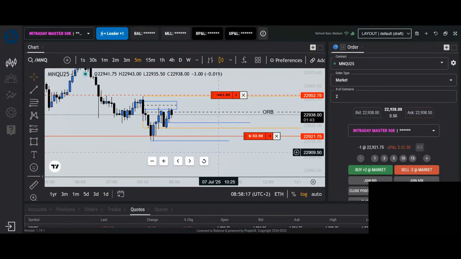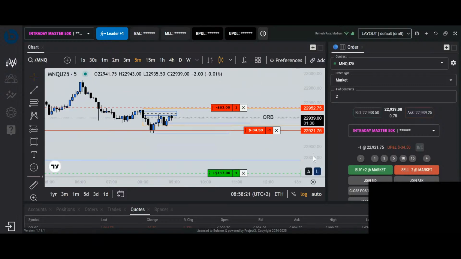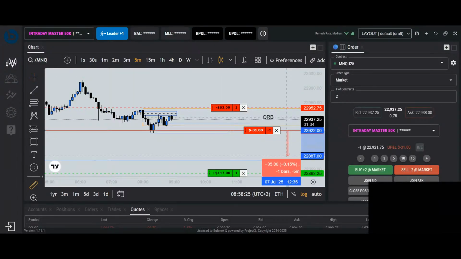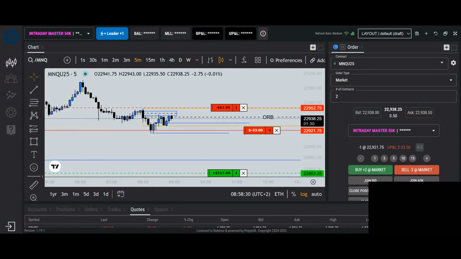I believe 1.2, 1.3, something like that. 2x40.